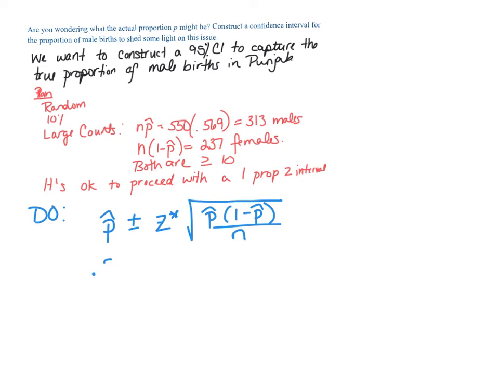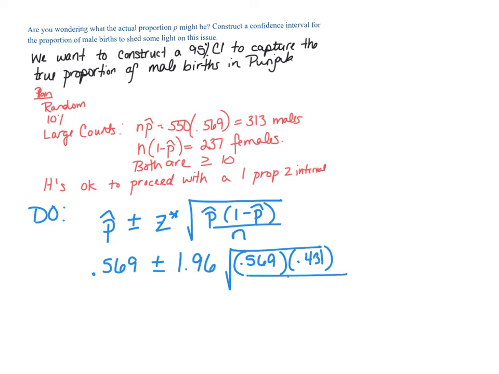So this would be 0.569 plus or minus my Z star for 95 would be 1.96. You can do inverse norm to find that. Standard error, substitute, 0.569, 0.431 for a sample size of 550.